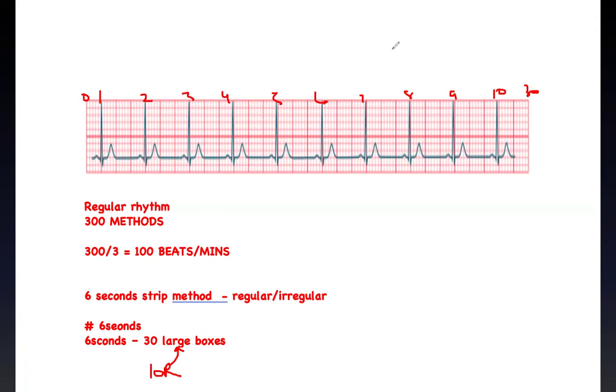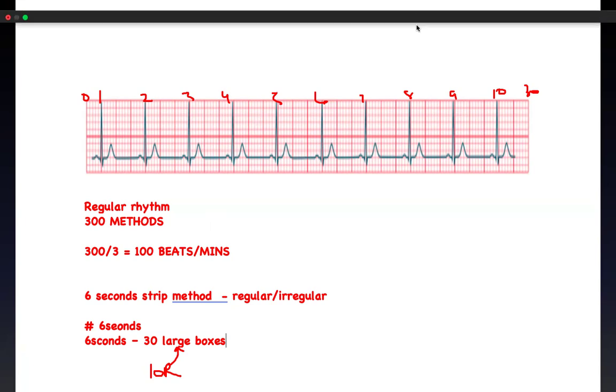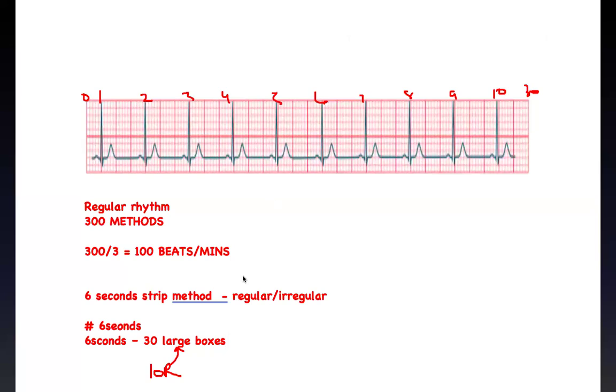This is the key. People get confused with it. We have 10 R's within the 30 large boxes. All you need to do is remember to multiply by 10. And that will also give you 100 beats per minute.